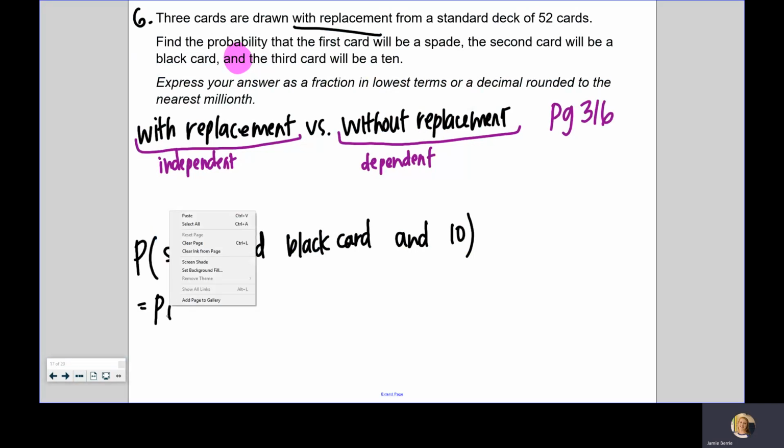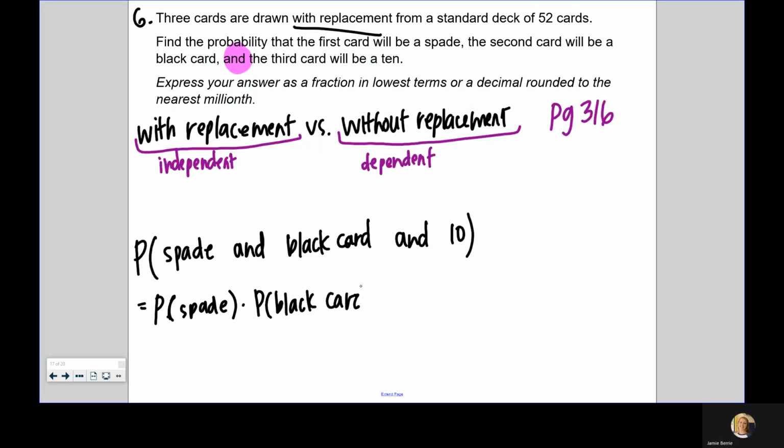All right, so we're looking for the probability that it's a spade. We're going to multiply that times the probability that it's a black card times the probability that the card is a 10. We talked about cards in class the other day. How many spades are there in a deck of cards?